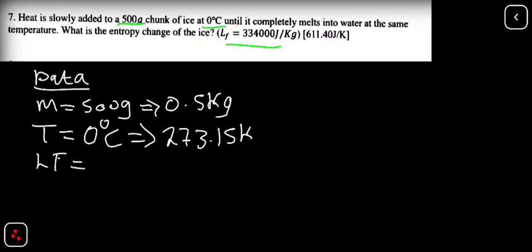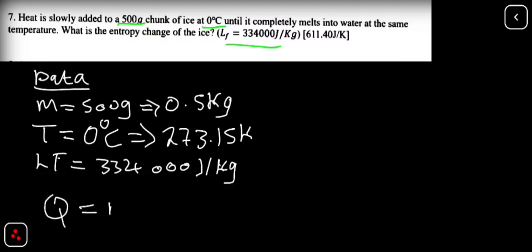The LF, the latent heat of fusion, we've been given to be equal to 334,000 joules per kg. The first thing we're supposed to do is find the heat added. To find the heat added, we use the formula Q is equal to M times the latent heat of fusion.